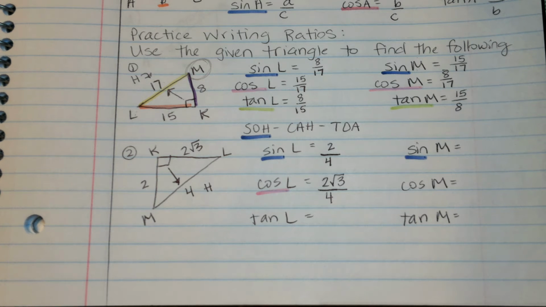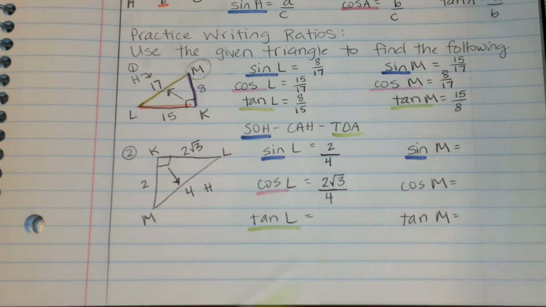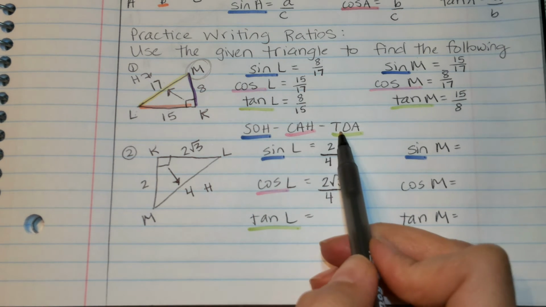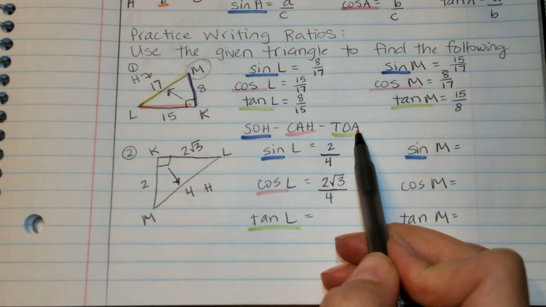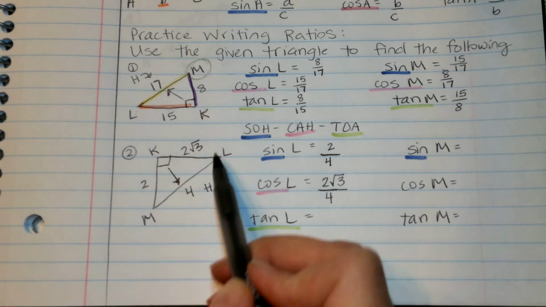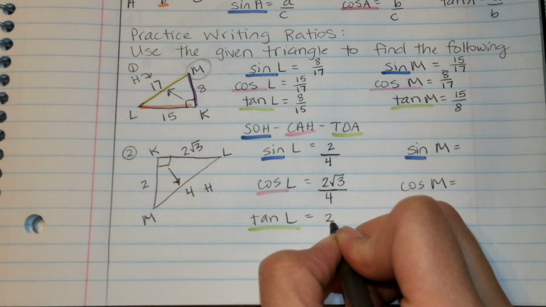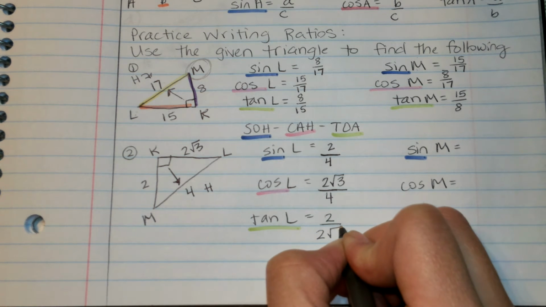And then we've got tangent from L, and that would be TOA, opposite over adjacent. So from L, opposite over adjacent, 2 over 2 square root of 3.